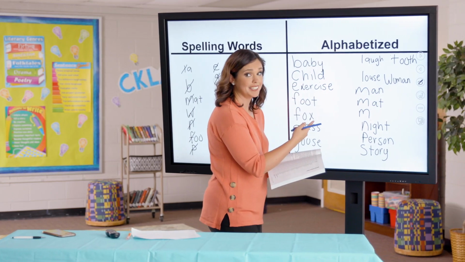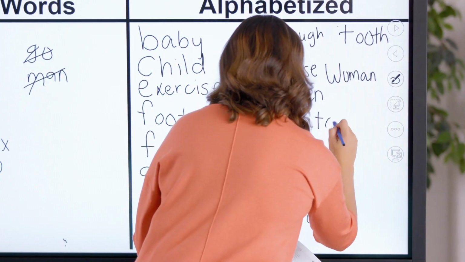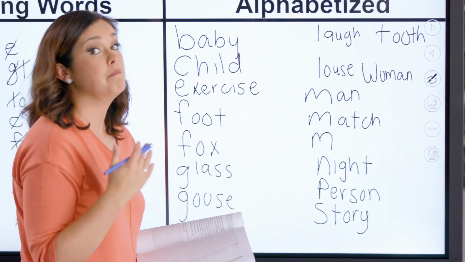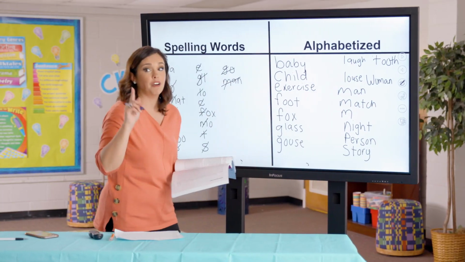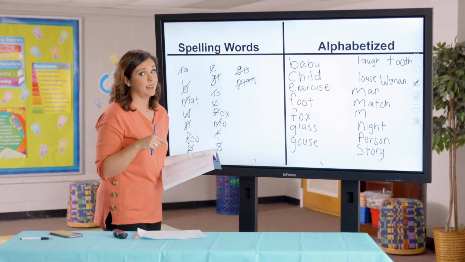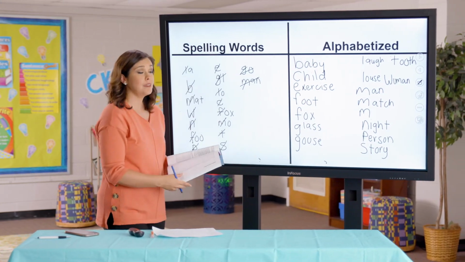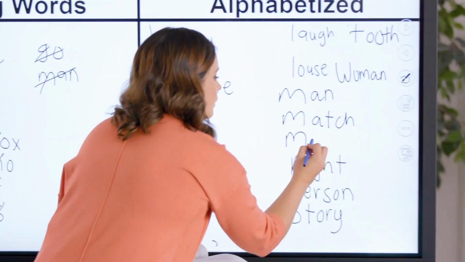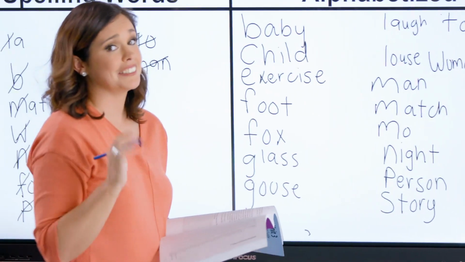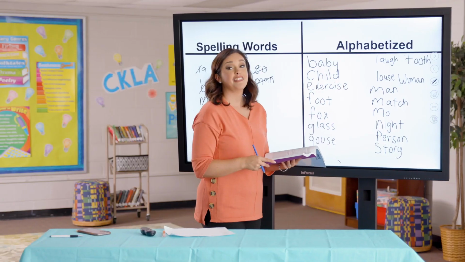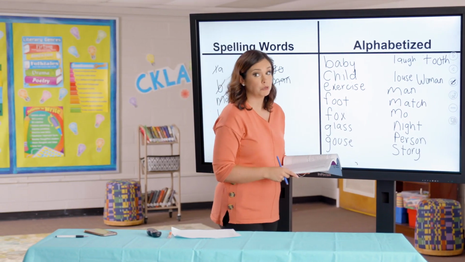Can you guess what it is? This word is match. All right, guys, we have one more word in our spelling list, and it starts with M-O. Who can guess what this last word is? This last word is mouse.